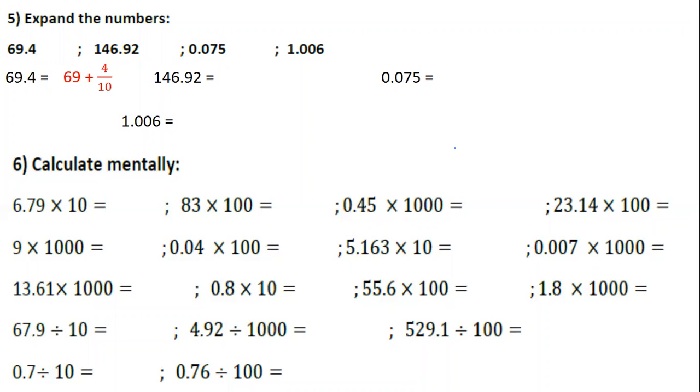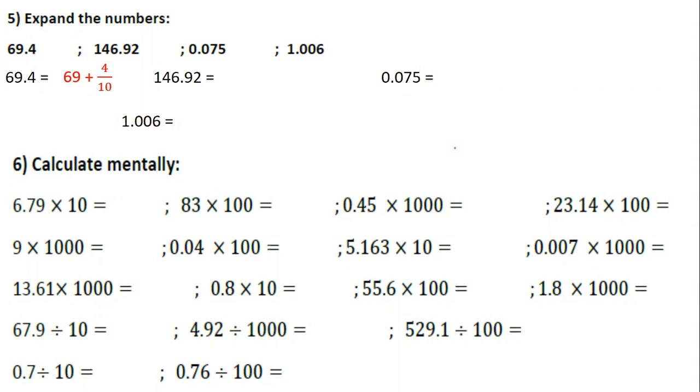Okay, no problem. I want to choose Hassan Fouani. Yes, miss. Please, we have 146.92. What is the whole part? Sorry, I lost internet.